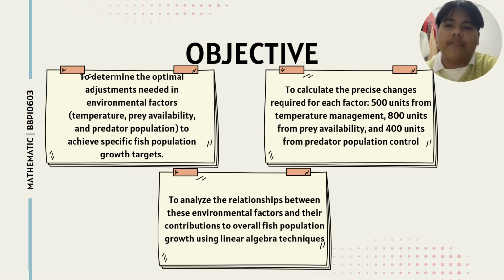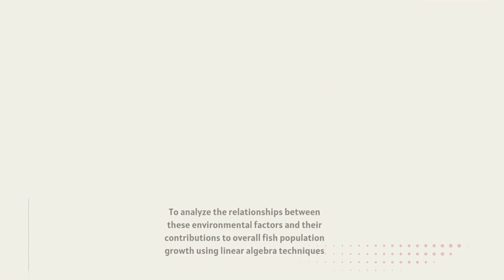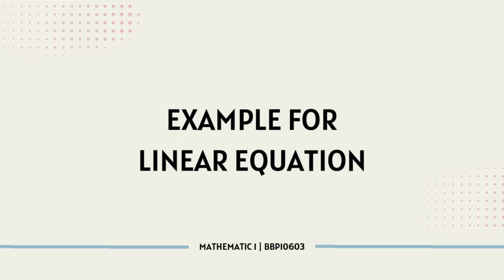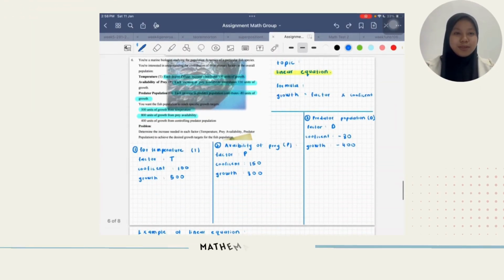And the third objective is to analyze the relationship between the environmental factors and their contribution to overall fish population growth using linear algebra techniques. The topic that we use in this question is linear equation. But before we start answering the question, I want to show you an example.